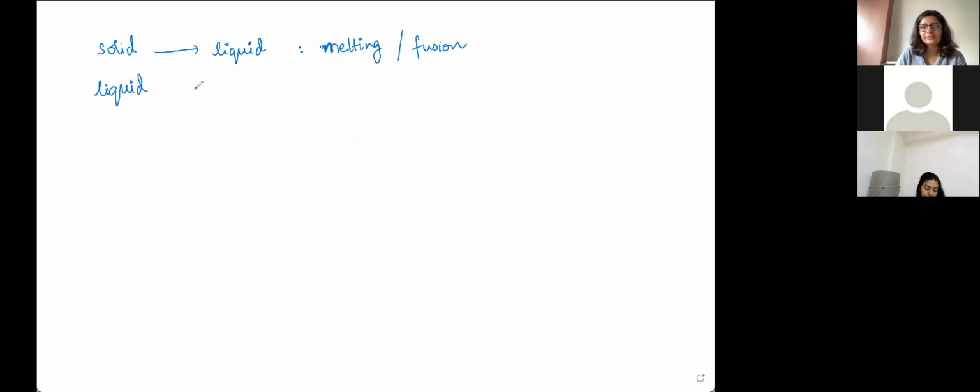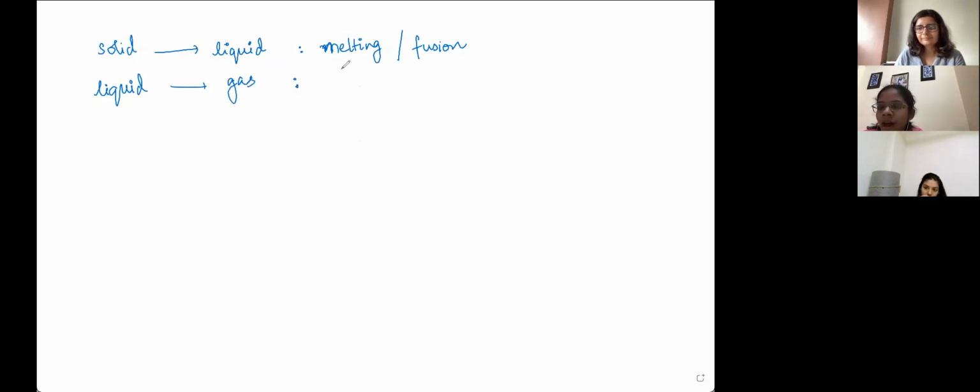Tell me this one. Liquid turning into a gas. Evaporation. Which one? Evaporation is a special case of this conversion. This conversion is happening, but that's not what we use for any liquid turning into gas. What else do we call it? Vaporization is correct.